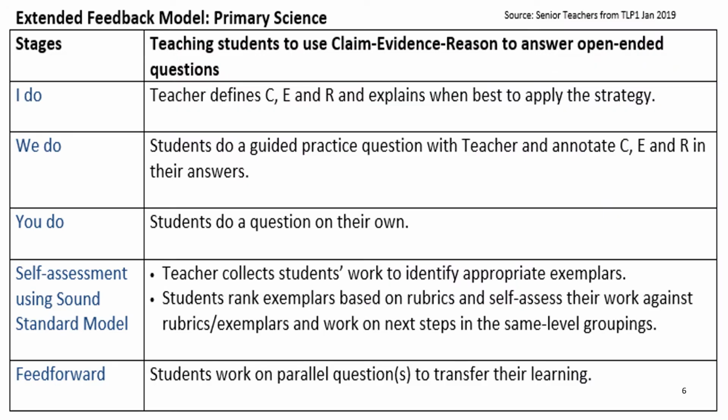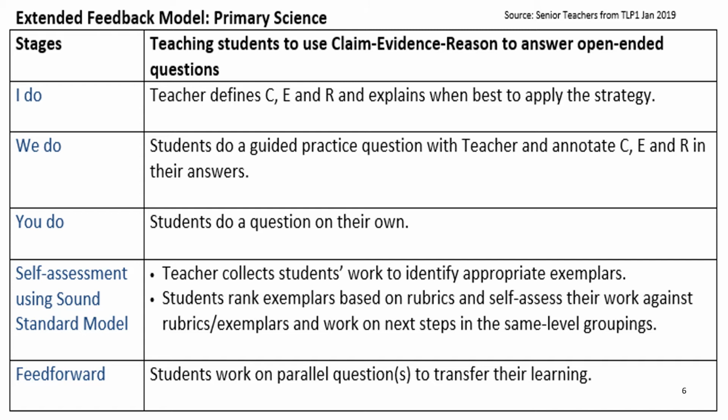This is an example of an extended feedback model in the context of primary science. Here, students are taught to use claim, evidence, reason to answer open-ended questions. During the preparatory guidance stage, the teacher first explains what is CER and when best to use that strategy. During the in-task guidance, students first do a guided practice before working on a question independently.